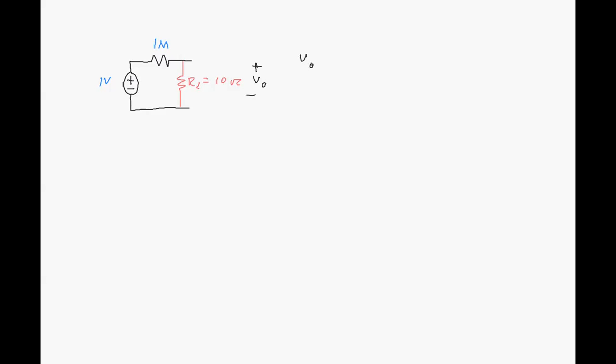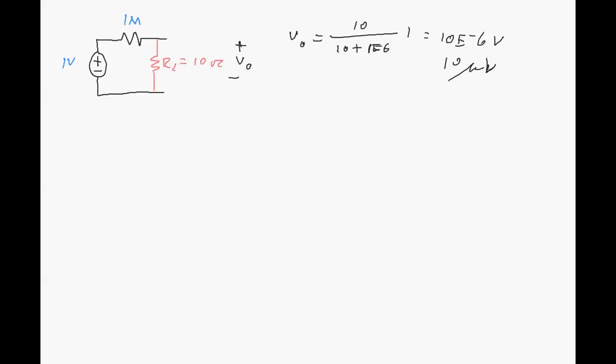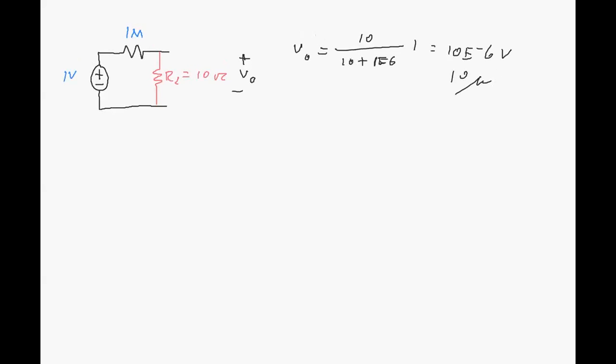V out is equal to 10 over 10 plus 1 e to the 6 times that 1 volt. And that works out to 10 e to the minus 6, or 10 microvolts.